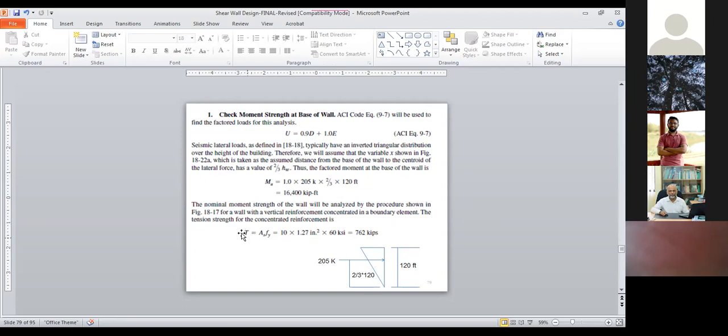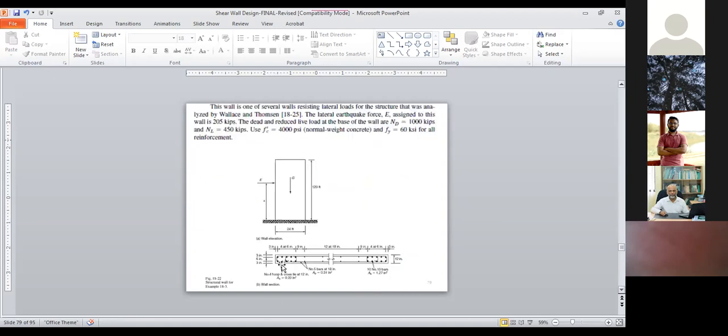And what is the total tension force? That is AS into FY. You know it. AS equal to, we have 10 bars. If you see the section here, 1, 2, 3, 4, 5, 6, 7, 8, 9, 10. Sorry, here number 10 bars.